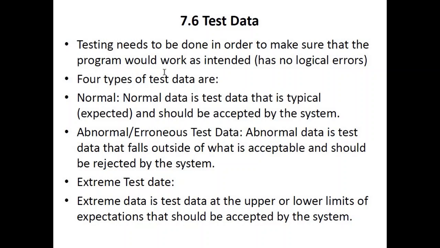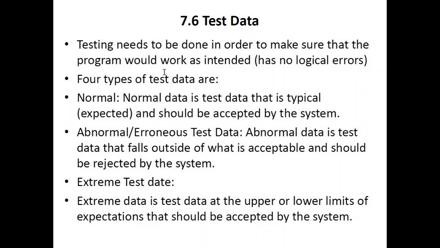This is the set of data that falls outside of the acceptable boundary of your system, and it should be rejected by the system. This type of data should not be accepted by the system no matter what.